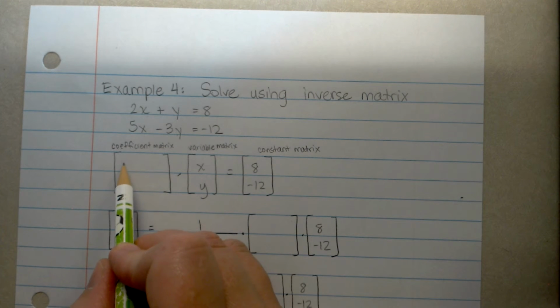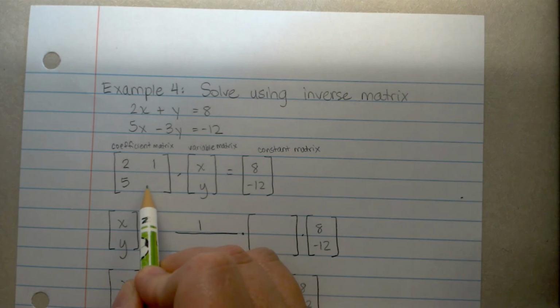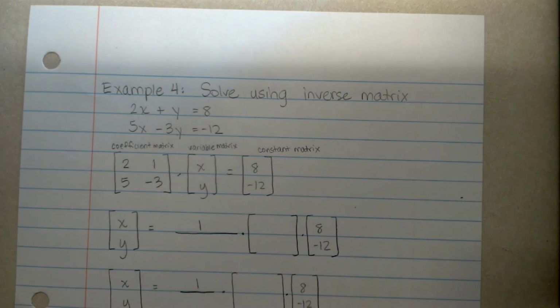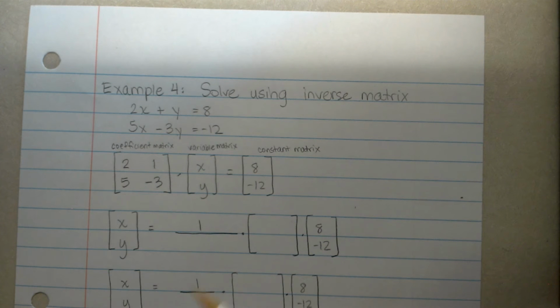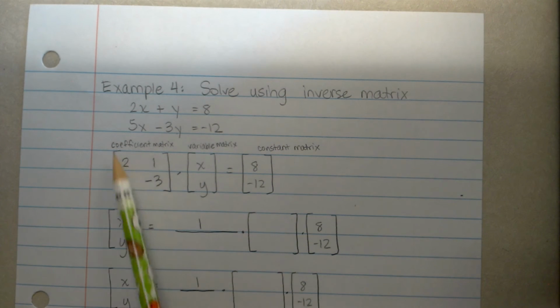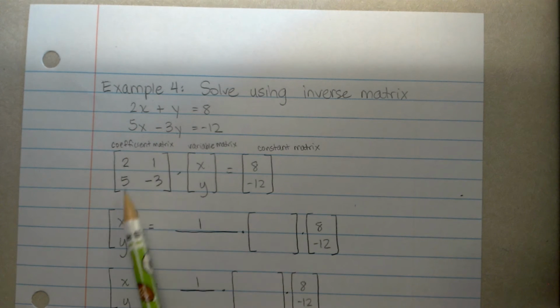So my x variables are 2 and 5, and my y variables are 1 and negative 3. My variables are x and y, and my constants are 8 and negative 12. If you look, basically what I did was I just took the 2 and the 1 and the 5 and the negative 3, and I simply just pulled them from the equations.